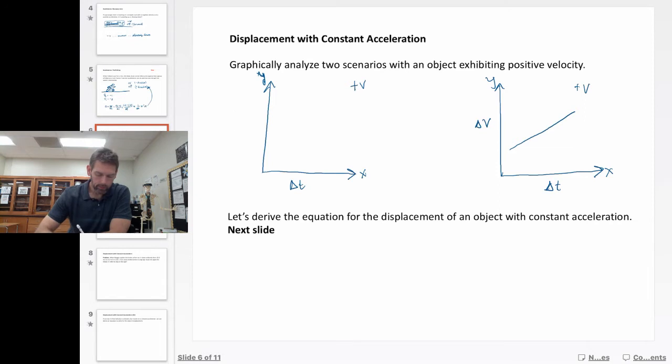If we have delta V over delta T, then what we just drew on the right hand side, the acceleration on that is definitely a positive slope, positive velocity. So that condition fits. Whatever the numbers are, it doesn't matter.